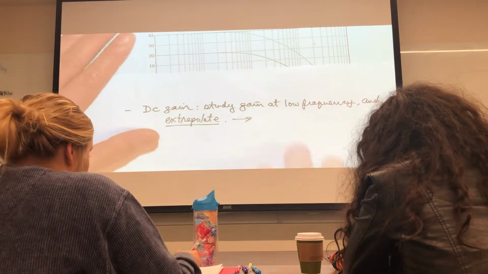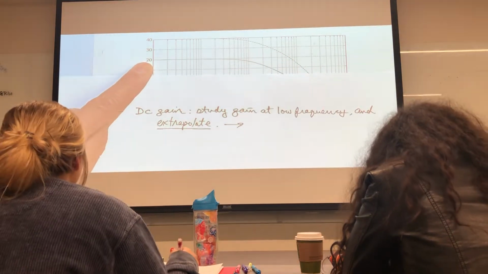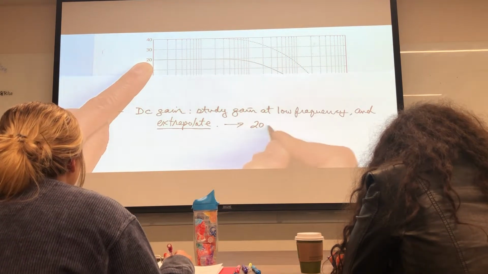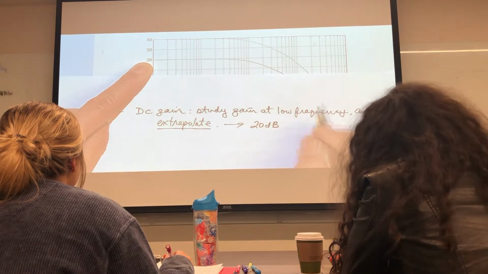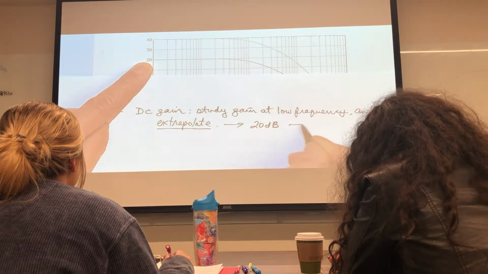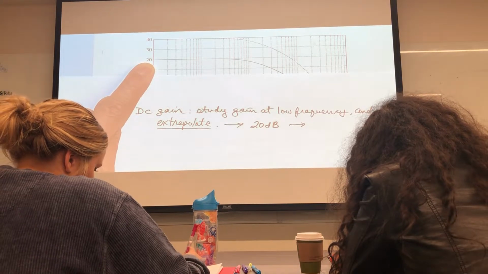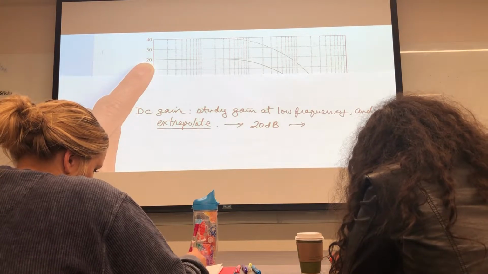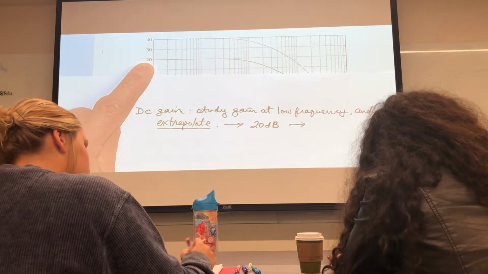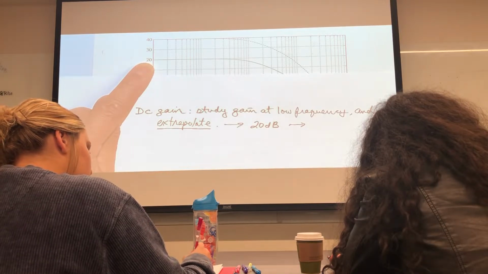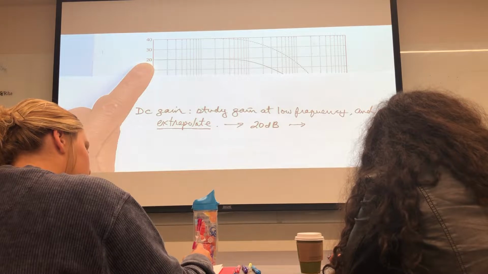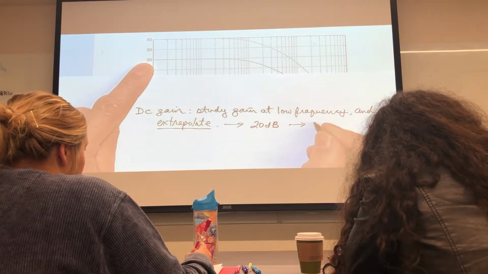And so reading this curve right there, I get 20 dB, which if I convert out of dB, what is that number? What is the gain? 20 dB is equivalent to a gain of 10 to the 1, so it's a gain of 10.